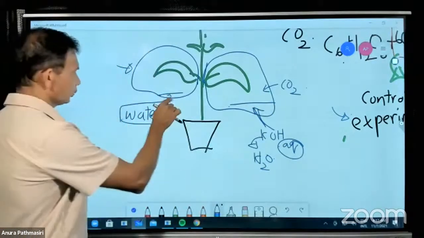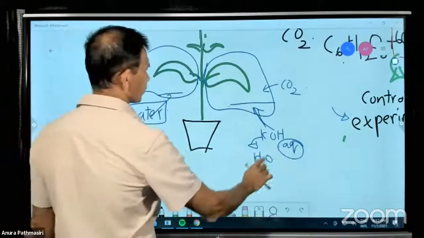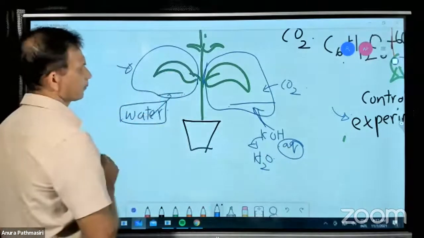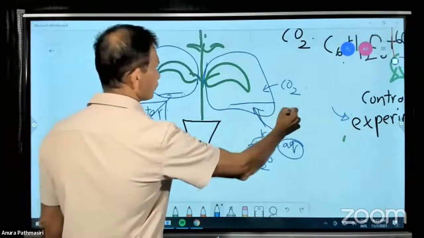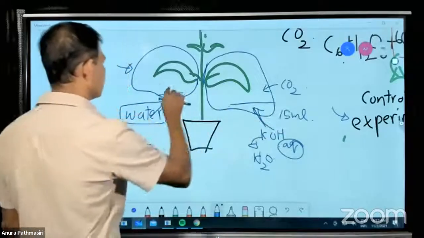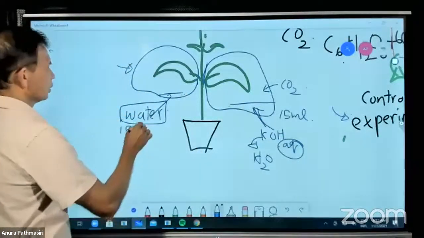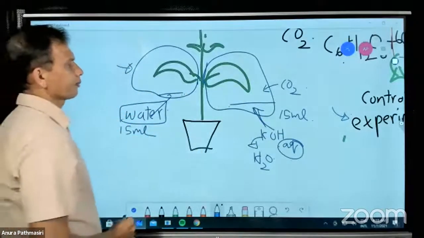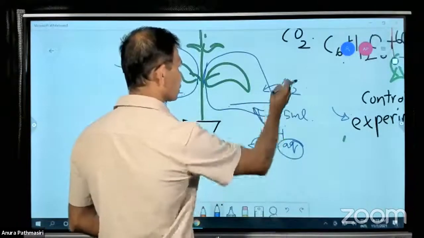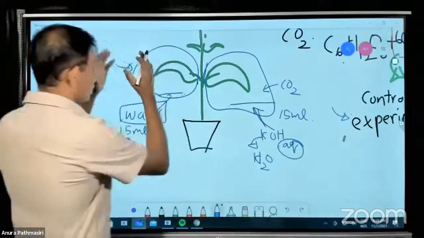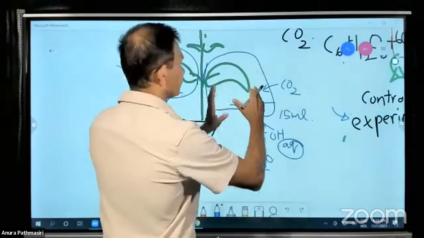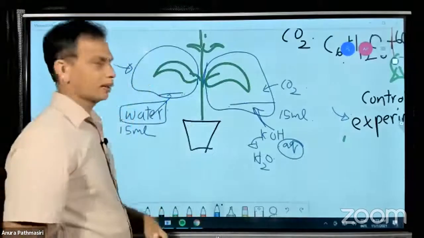So what we want to avoid is only potassium hydroxide. Potassium hydroxide is not there, but water is there. If you get 15 milliliters, you got 15 milliliters of water as well. Only potassium hydroxide is there, so carbon dioxide is removed from that. So this is the control setup and this is the experimental setup, right?